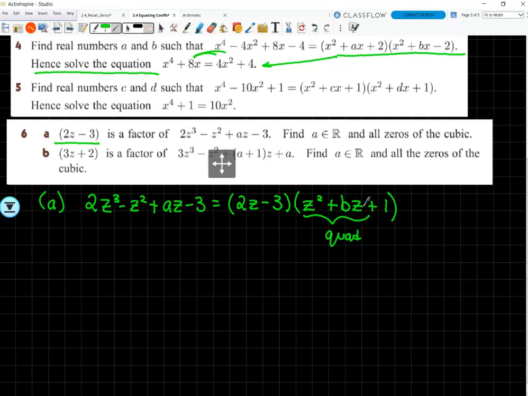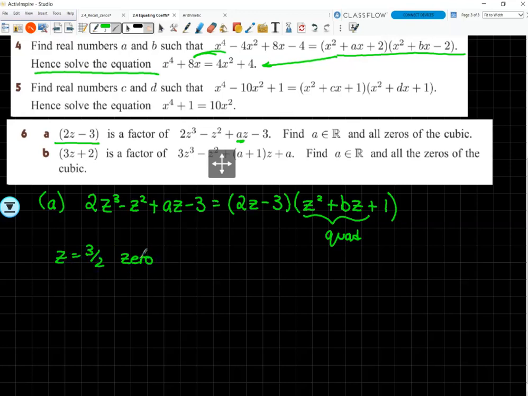Can anyone think of another way to do this? Oh, look at that. Okay, so you could do the polynomial division. That would be a little bit funky because it's... I'm thinking more of, because this is just one unknown, if 2z take 3 is a factor, doesn't that mean that z equals 3 over 2 is a 0?